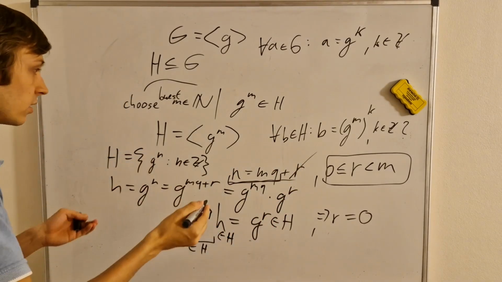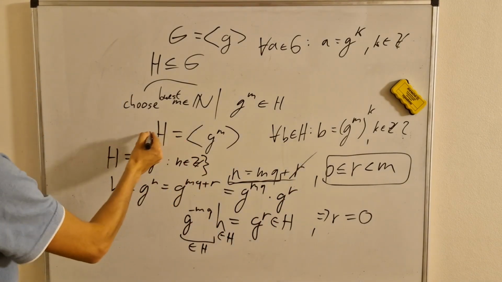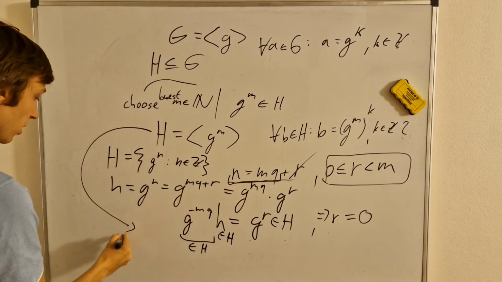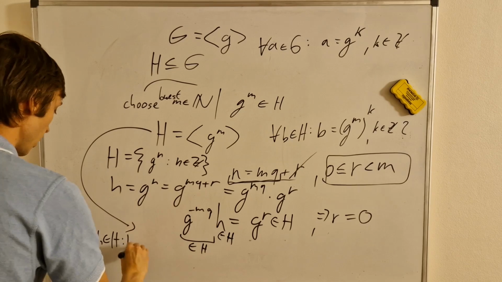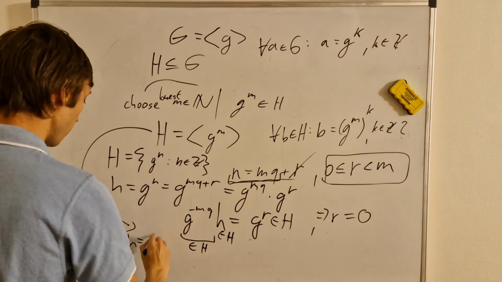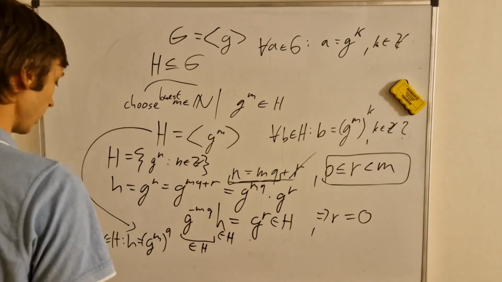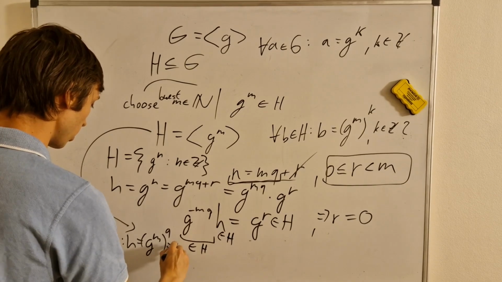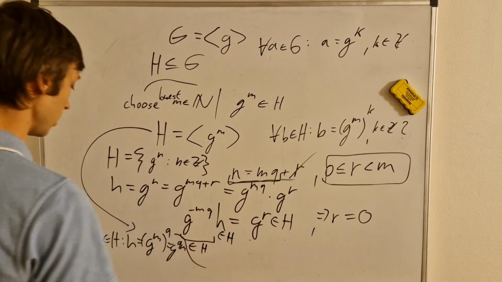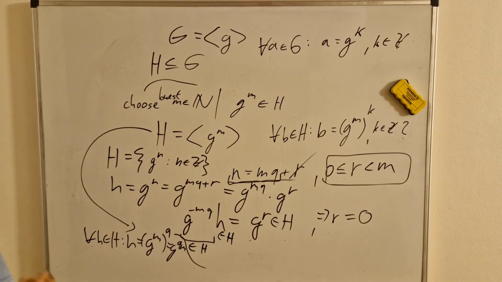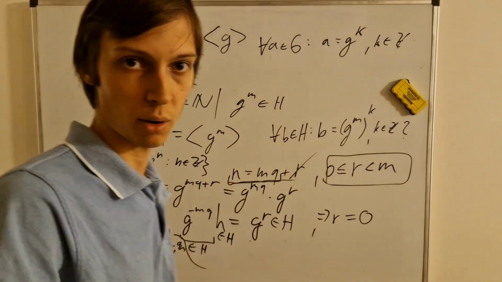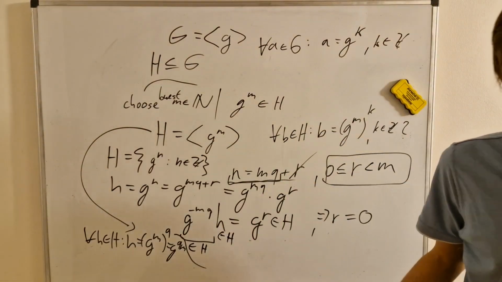That means that any h inside H is equal to g to the m, to the q, right? In other words, g to the qm by exponent properties. That means that any element in H is generated by g to the m by taking it to any integer power. Q can be any integer.